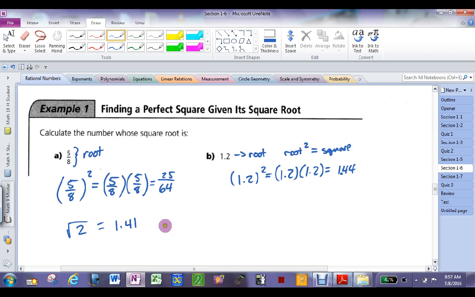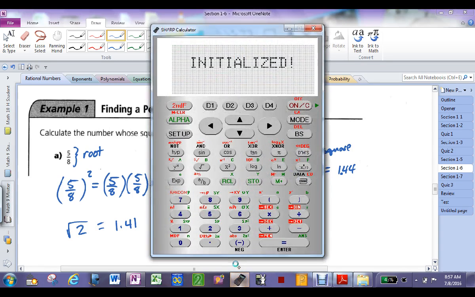So what's the square root of 3? Use your calculator. 1.73, right? Square root 3 equals 1.732, so it stays at 1.73. Everybody good?